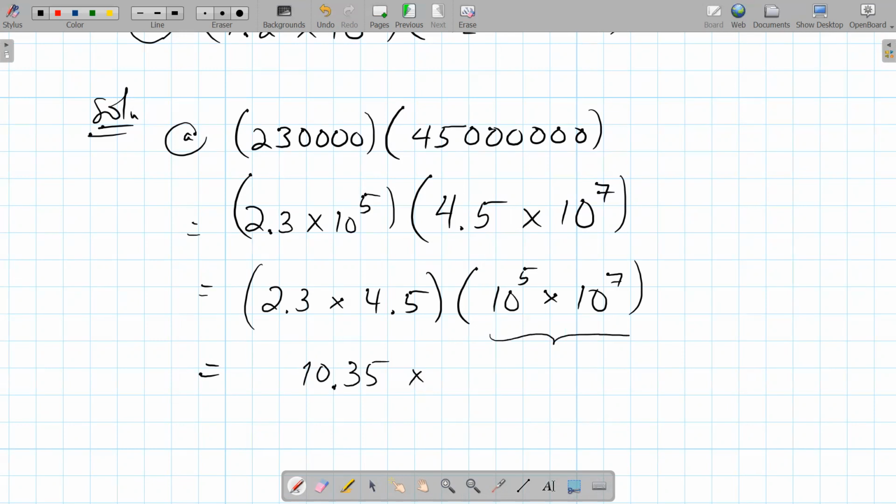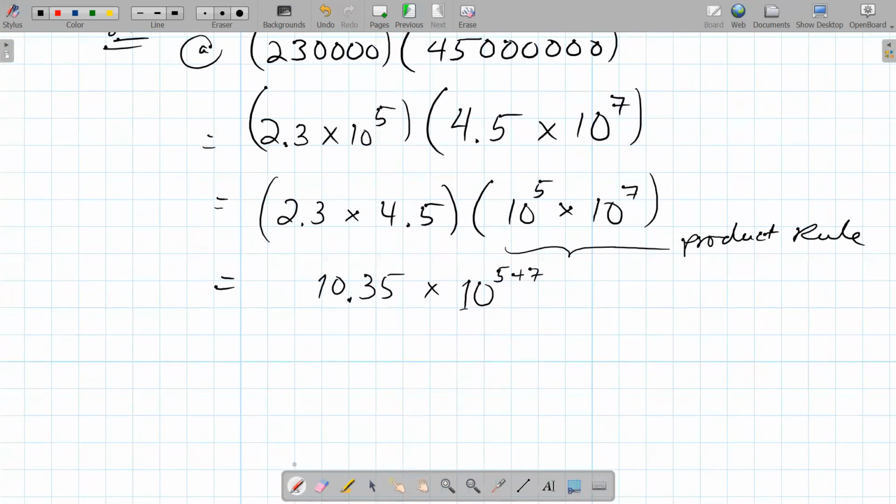Here we have to use the product rule of exponents. It says that if you have two exponential expressions with the same base and there's a multiplication, you hold the base and then you sum up the powers. So there'll be 5 plus 7, and that will give you 10.